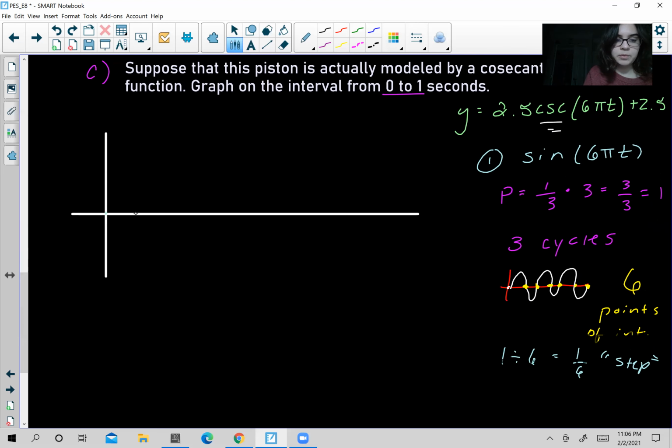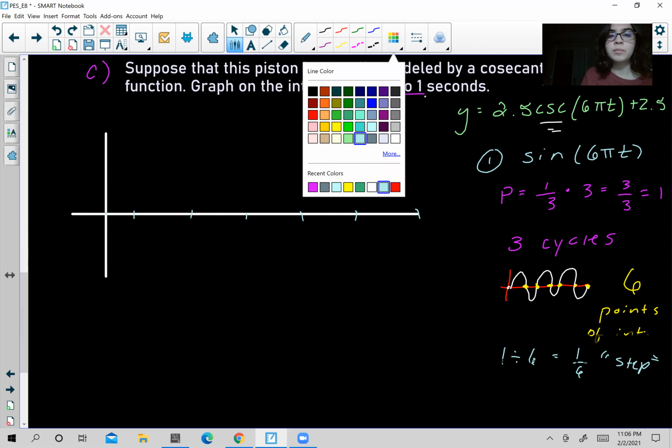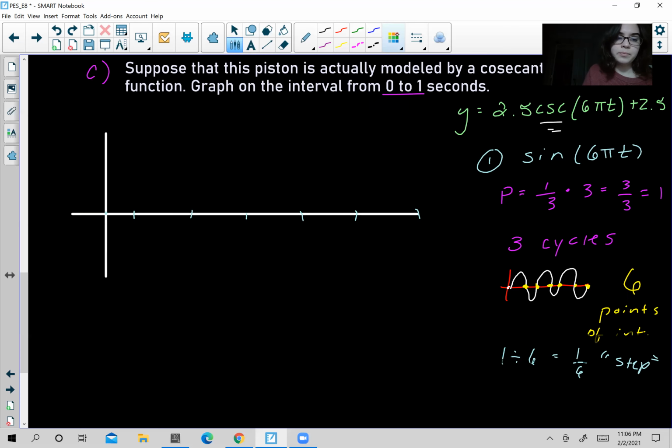Not counting 0, 1, 2, 3, 4, 5, and we'll do 6 at the end. And then count up by 1/6. So do red. This is going to be 1/6. Then we have 1/3, 1/2, 2/3, 5/6, and 1. Perfect.